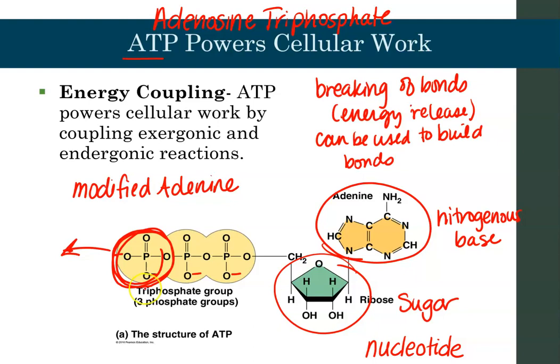It's pretty unstable because of those high energy bonds and because of all those negative charges. And when that phosphate group is released, we call it an inorganic phosphate, or Pi. When that phosphate is released, energy is also released because we have broken a bond.